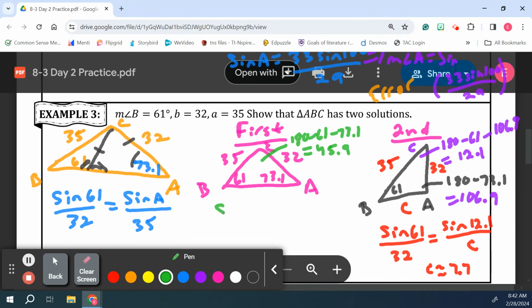All right, now this is the sine of 61 over 32 equals the sine of 45.9 over little c again. So for this guy, little c is what? We're looking for this guy right there. Remember, little c is across from the angle c. What'd you get? 26.3.